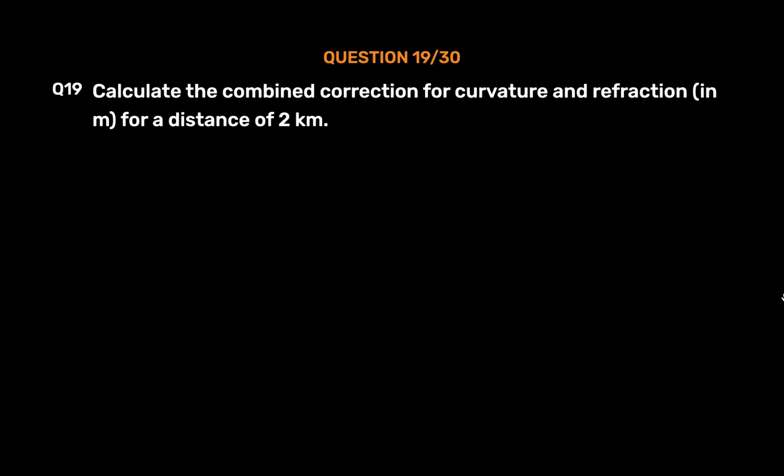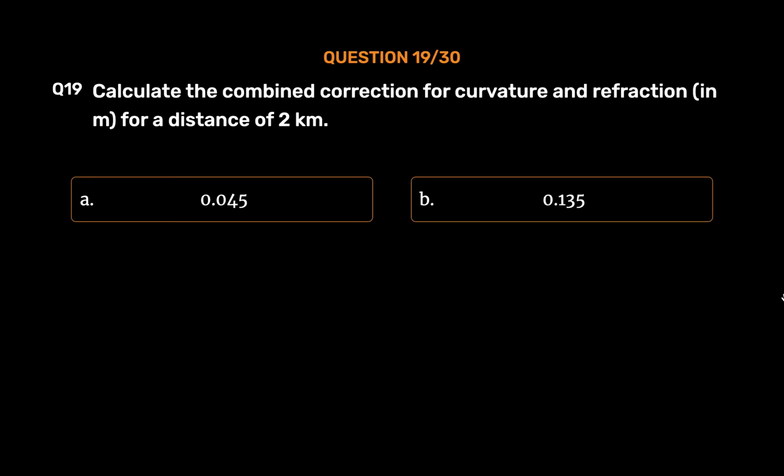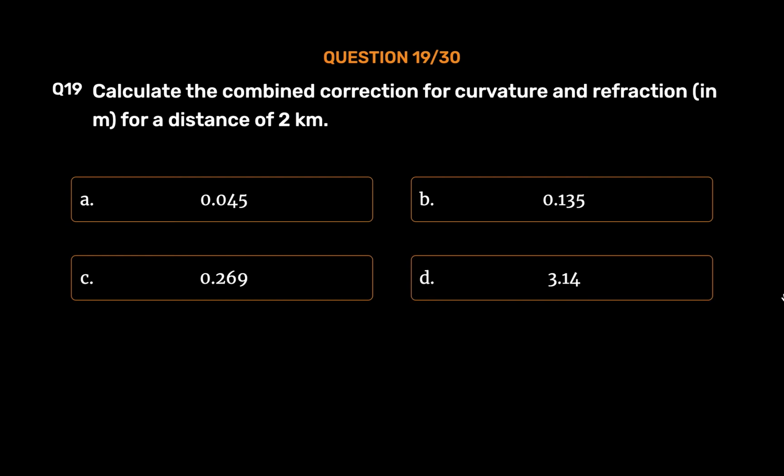Question number 19. Calculate the combined correction for curvature and refraction in meters for a distance of 2 kilometers. Option A, 0.045. Option B, 0.135. Option C, 0.269. Option D, 3.14.